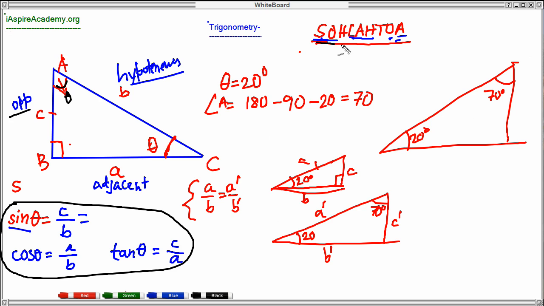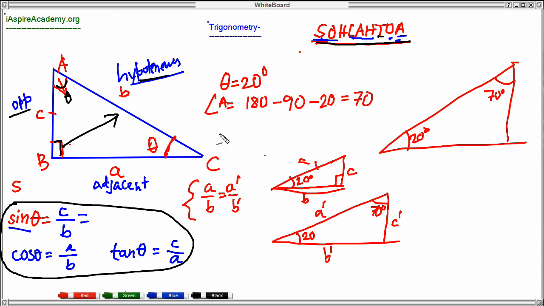The way to remember this is always try to remember SOHCAHTOA, which is sine, cosine, and tan, where O is for opposite, A is for adjacent, H is for hypotenuse. Your hypotenuse is always the side opposite to the right angle, which is always the longest side.